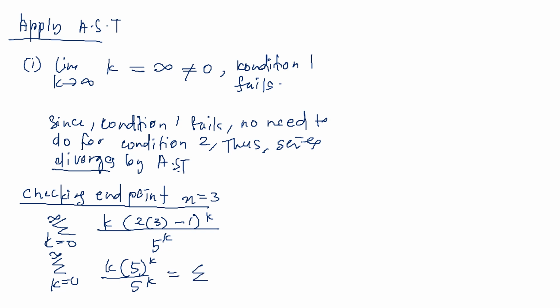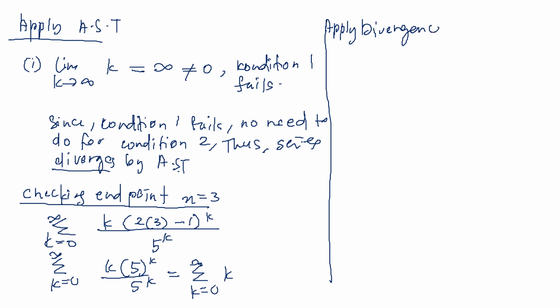As we simplify, you will get k only. So this one we can test with the divergence test, and it also diverges by the divergence test. Apply the divergence test.